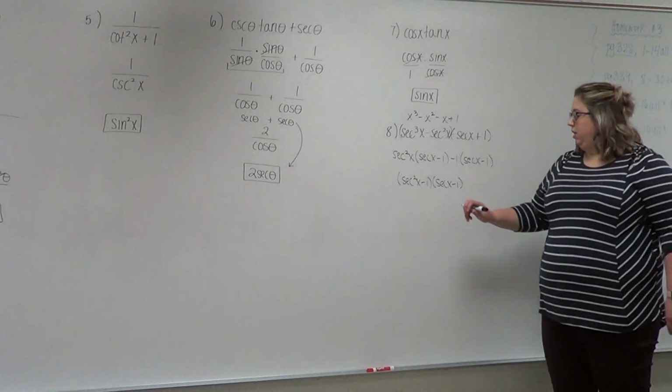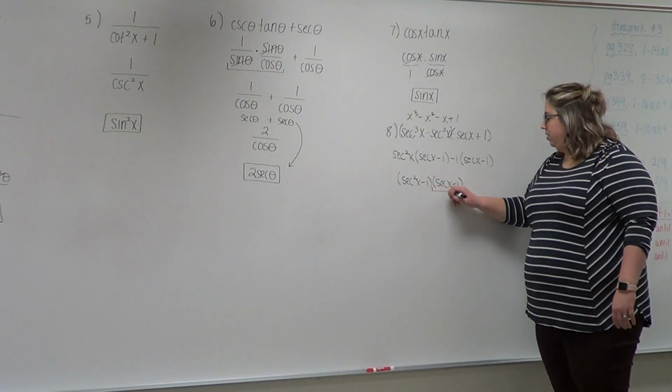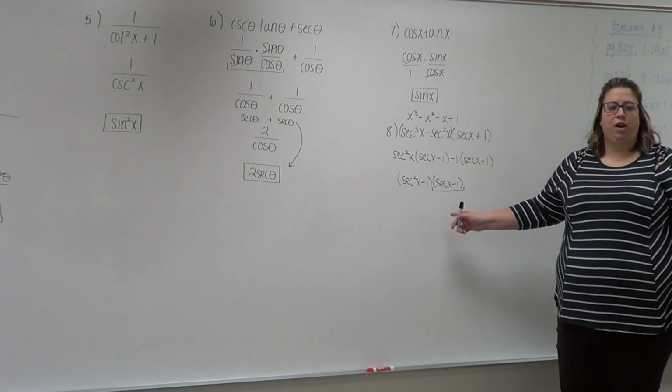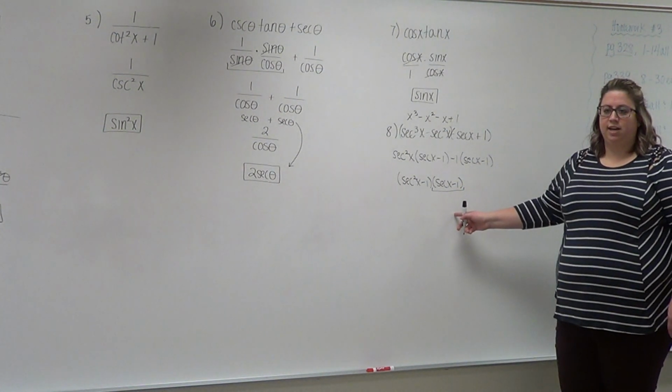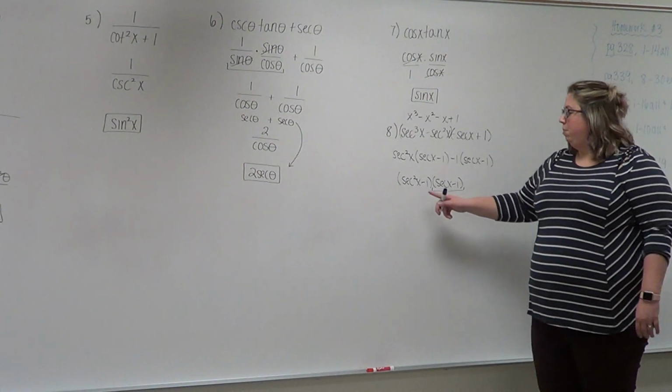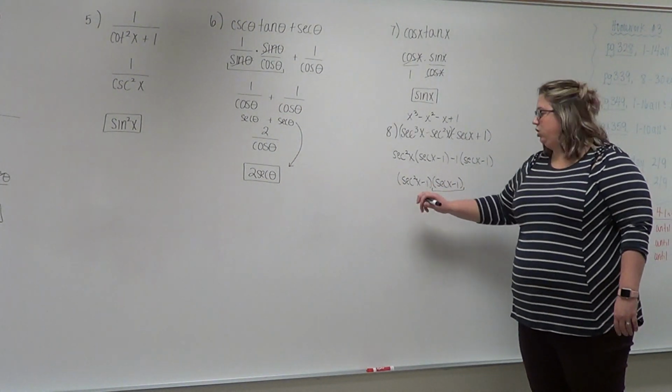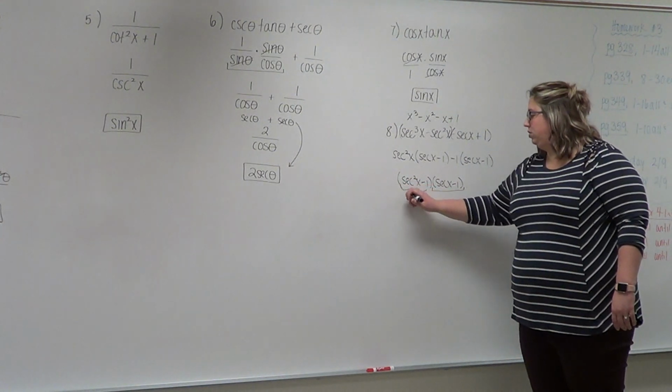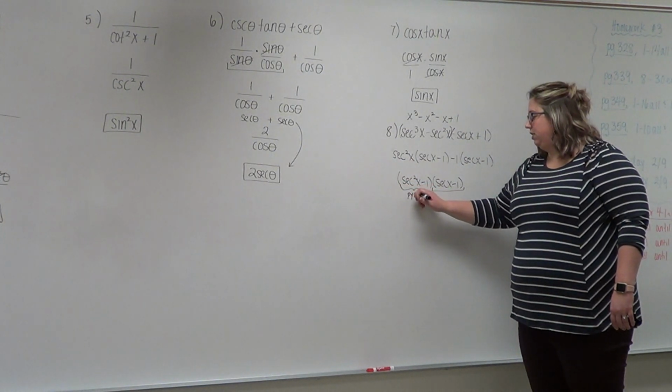This part right here, you're done. It doesn't have a squared, so you can't use Pythagorean identities. Pythagorean identities have to look exactly like it is. But this one has a squared and a 1, so you want to see, can you use Pythagorean identities?